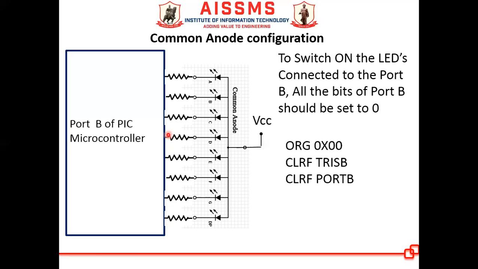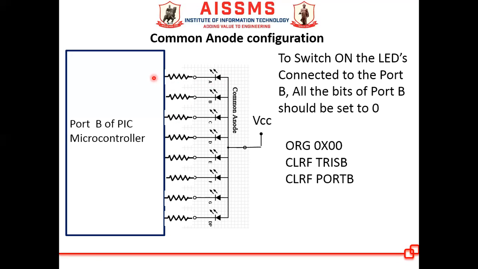So if say the RB0 bit is used for an LED, you can configure that particular bit as output bit using an instruction BCF TRISB comma 0 comma 0.